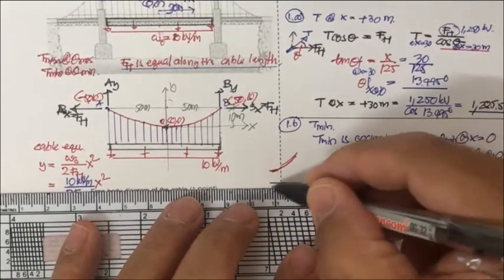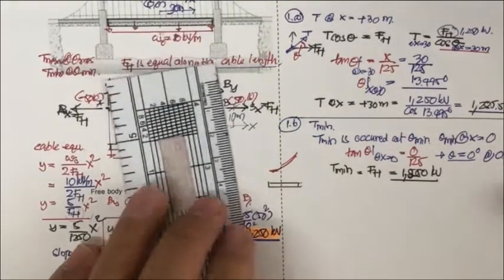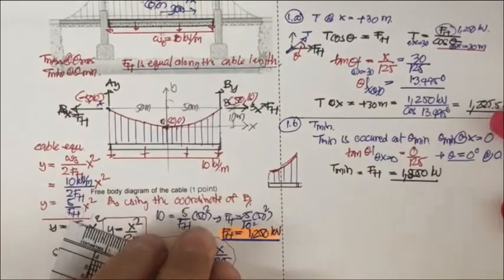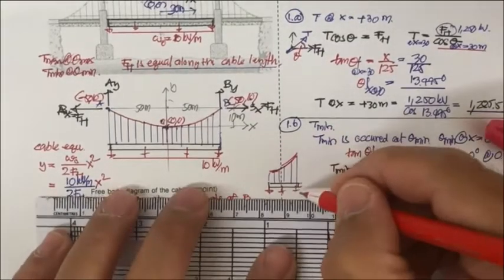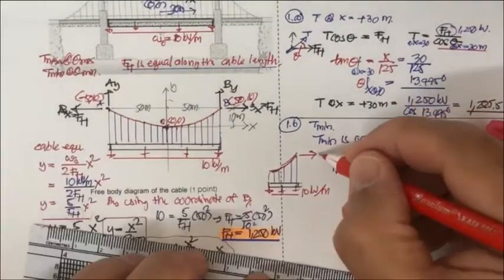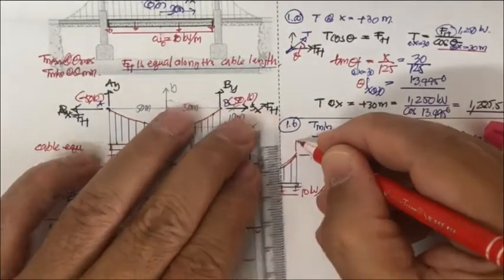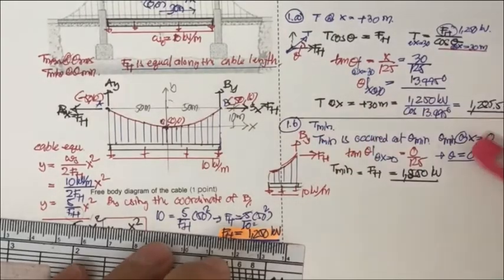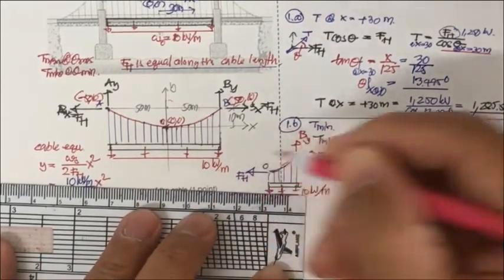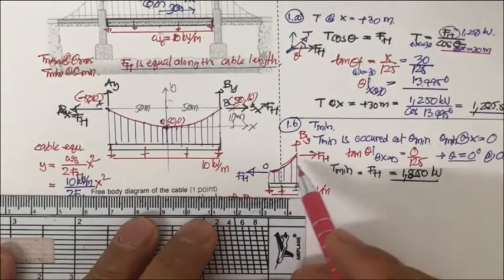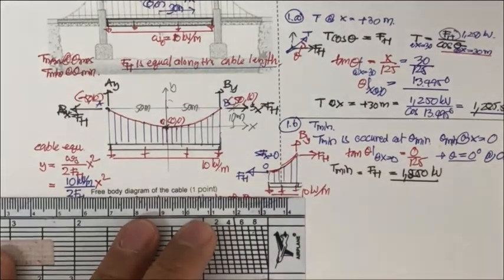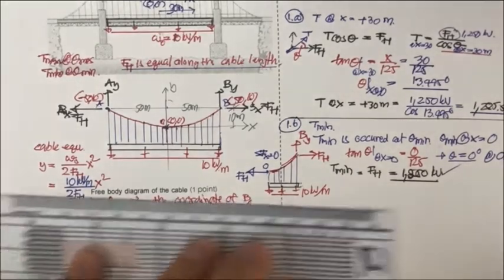Under this external force of 10 kilonewton per meter, you also have this force of F sub H, this is B sub x, and this is going to be B sub y, and you may have this one at point O of F sub H. The summation of forces in x equal to 0, you get the force at this point equal to F sub H or B sub x. So the minimum is going to be here.